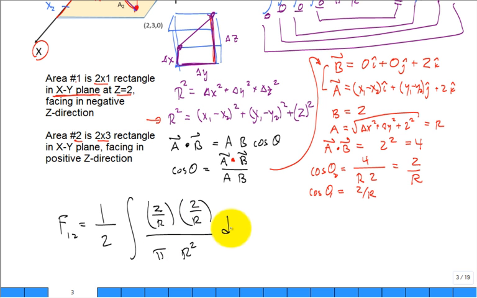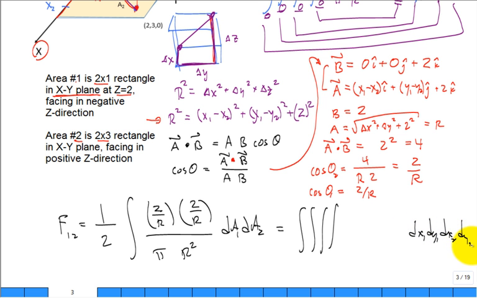Then we had this dA1, dA2. This boils down to, you already worked out all these 4 integrals with dx1, dy1, dx2, dy2, right? And now we can see that it's 2 over pi r to the 4th, isn't it?